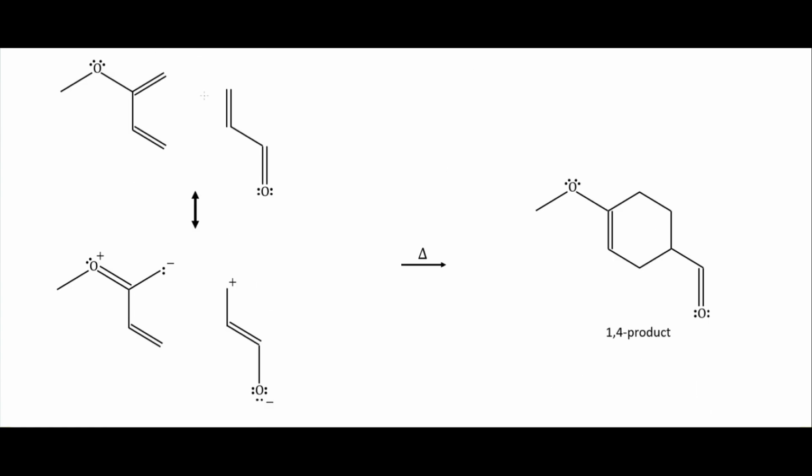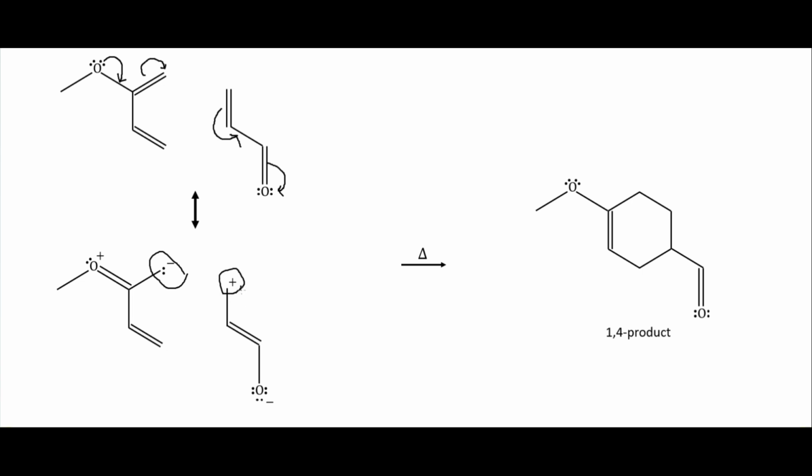We can think about it in terms of the resonance. So our electron donating group is going to take one of these lone pairs, bring it down here, and then these pi electrons will go over here to form a lone pair that's negatively charged right there. And then with the electron withdrawing groups, we can see that these pi electrons can move over here, then these ones over here, and so that will form a positive charge right here.